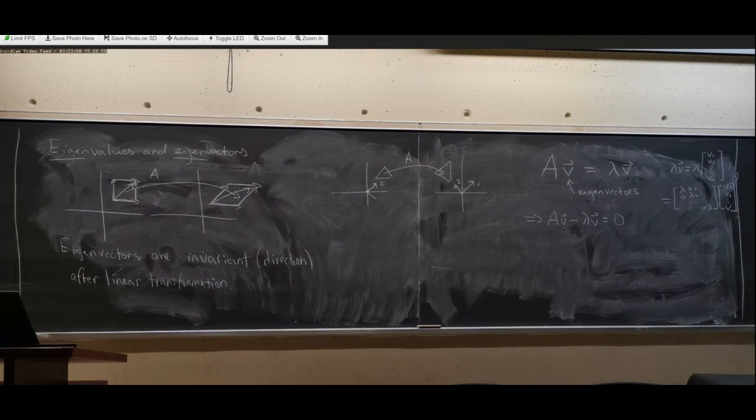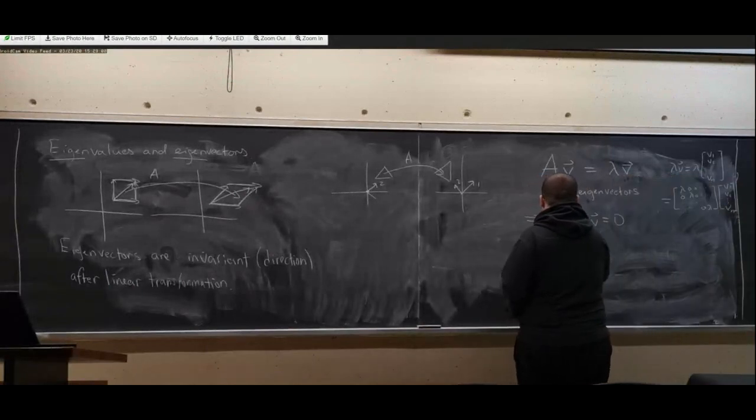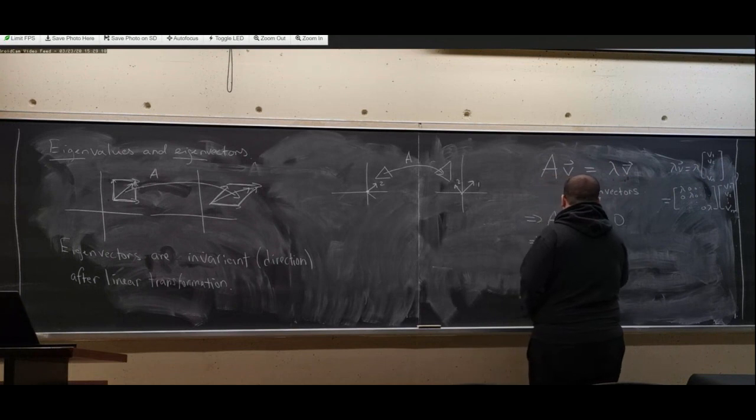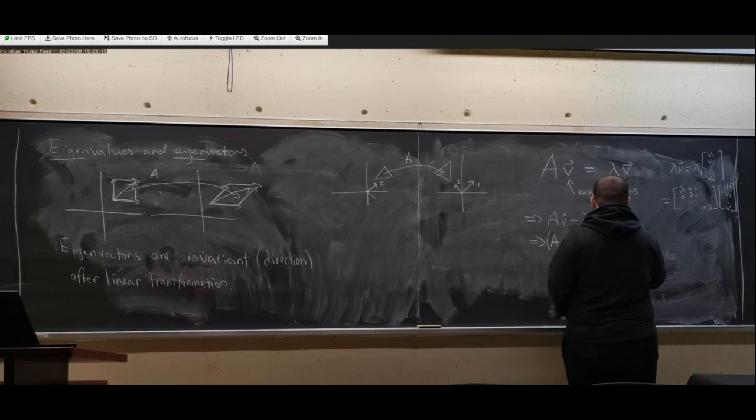These are the same. If I multiply a vector by some constant, that's the same as multiplying that vector by the identity matrix times the constant. Right, so this is (A minus lambda I) times v, which equals 0.